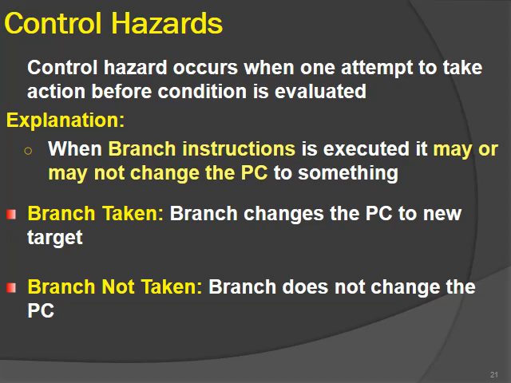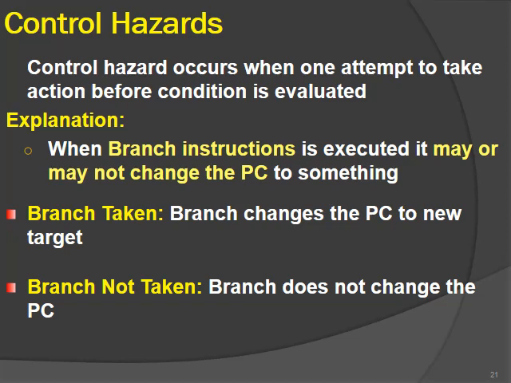When there is a branch instruction, we have to jump to a specific location, and that location will be pointed out by the PC. So if the branch is taken, the value of PC is altered. If the branch is not taken, it does not change the PC value.